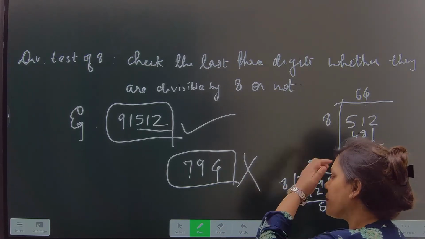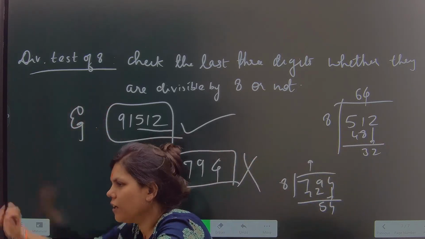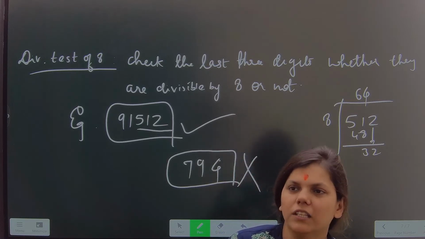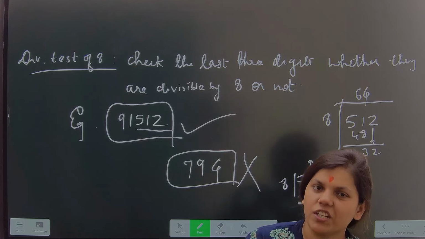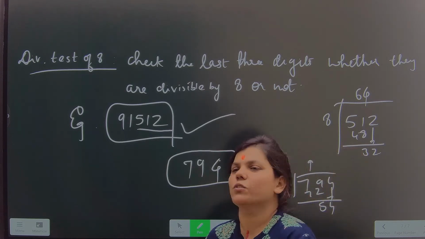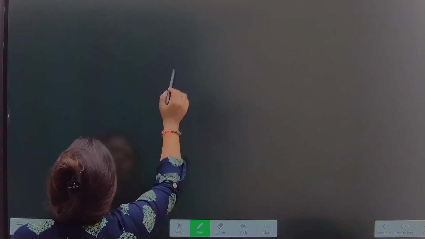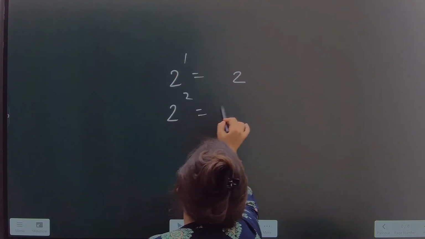Okay? A question comes to mind: for 2 we check the last digit, for 4 we check the last 2 digits, for 8 we check the last 3 digits. Why is this so? The logic behind this is, I'll tell you, 2 to the power 1 is 2, 2 to the power 2 is 4.